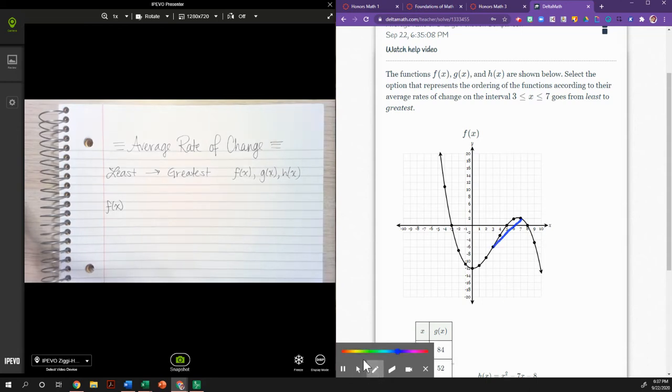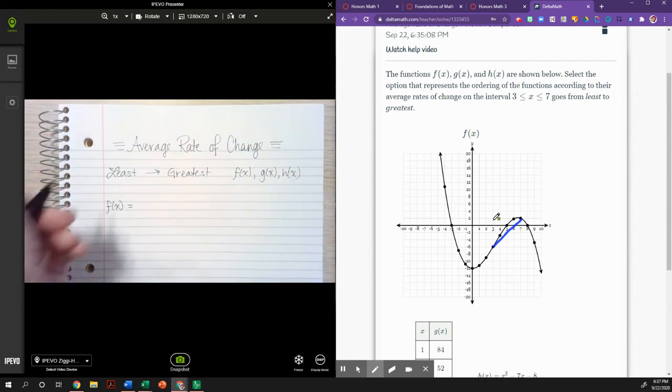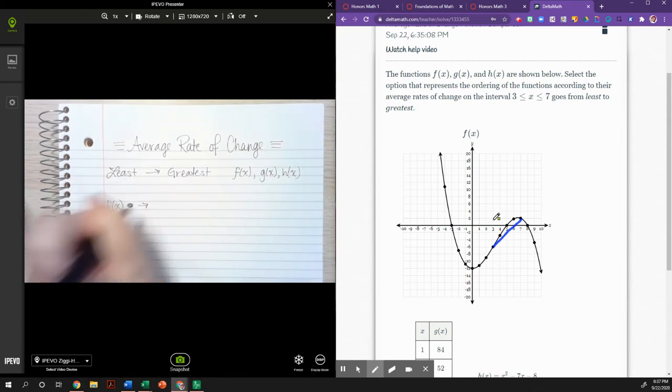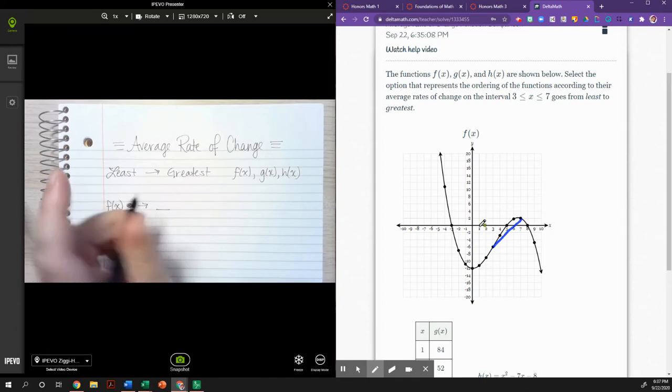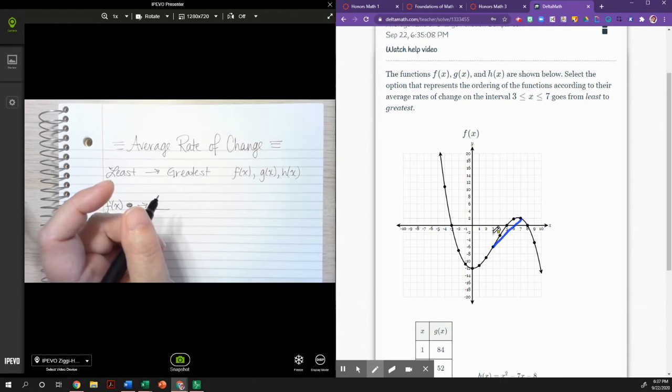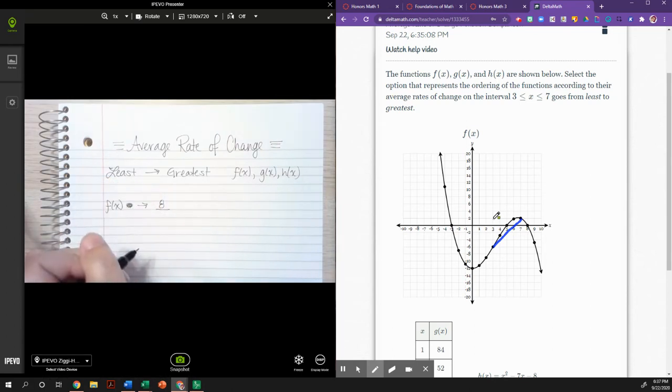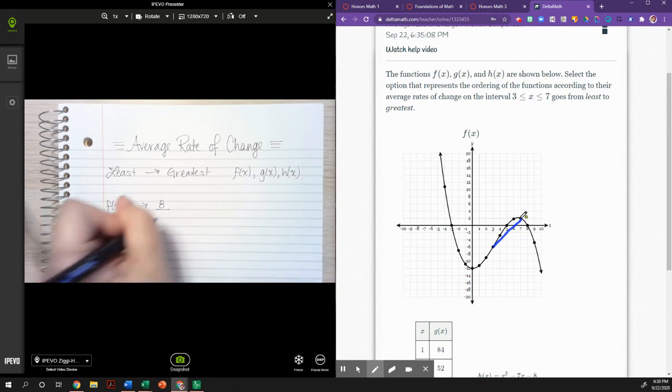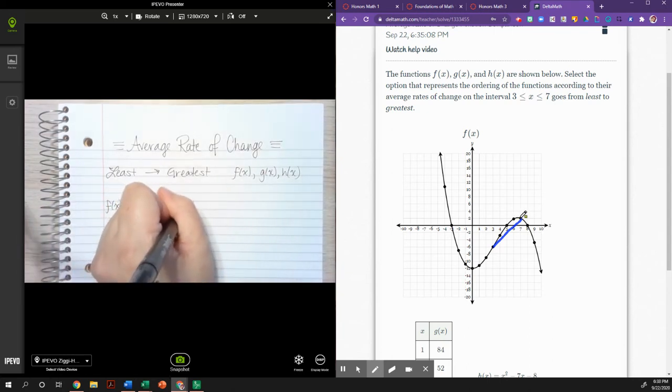Okay, we are counting by twos, so I'm going up 2, 4, 6, 8. So I went up 8. And then I'm going over 1, 2, 3, 4. So my average rate of change for f of x is 2.